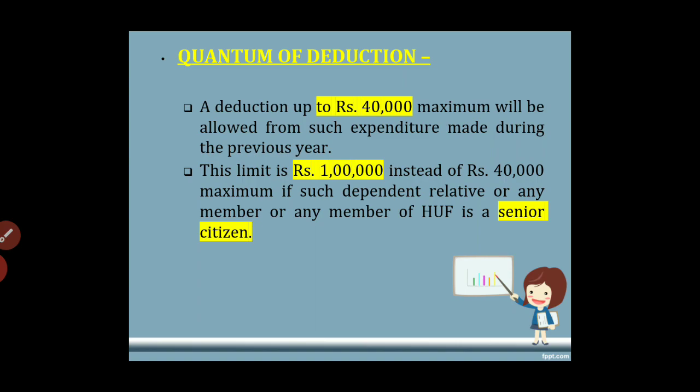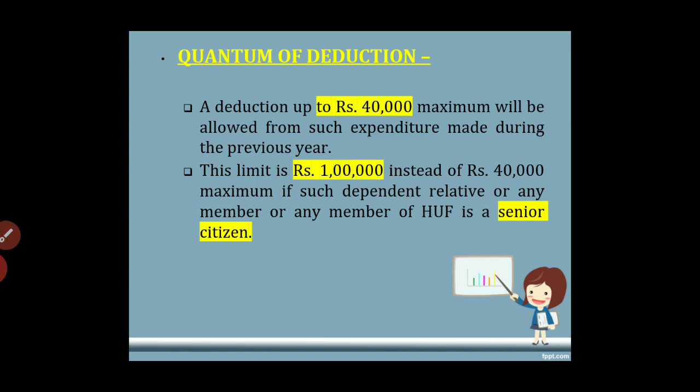Next point, this limit is rupees 1 lakh instead of rupees 40,000 maximum if such dependent relative or any member of the HUF is a senior citizen. That means in case of a senior citizen the amount of deduction is extended, right?